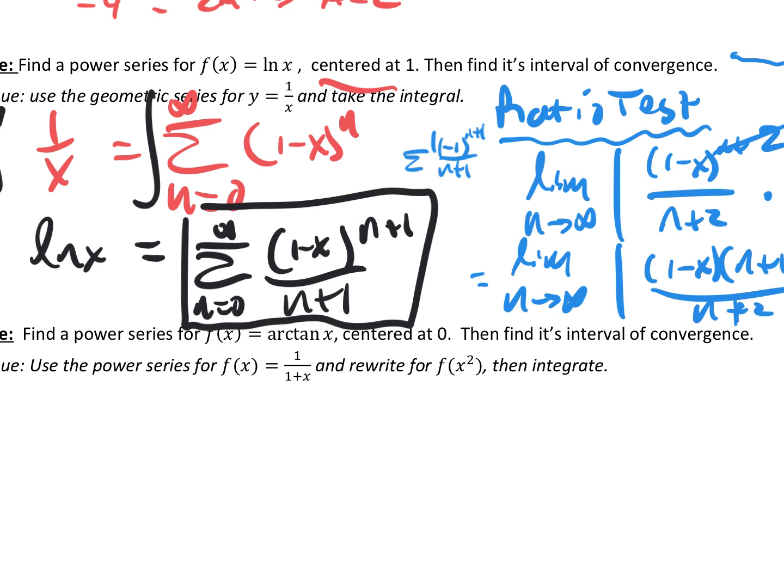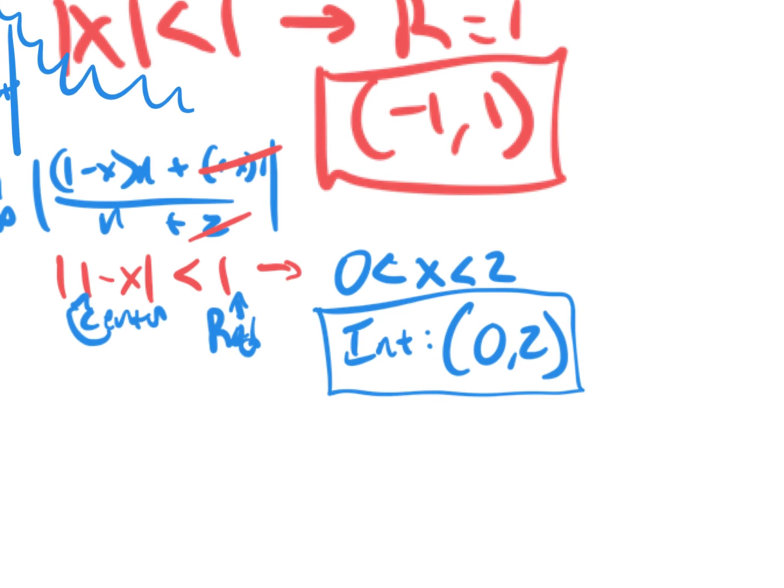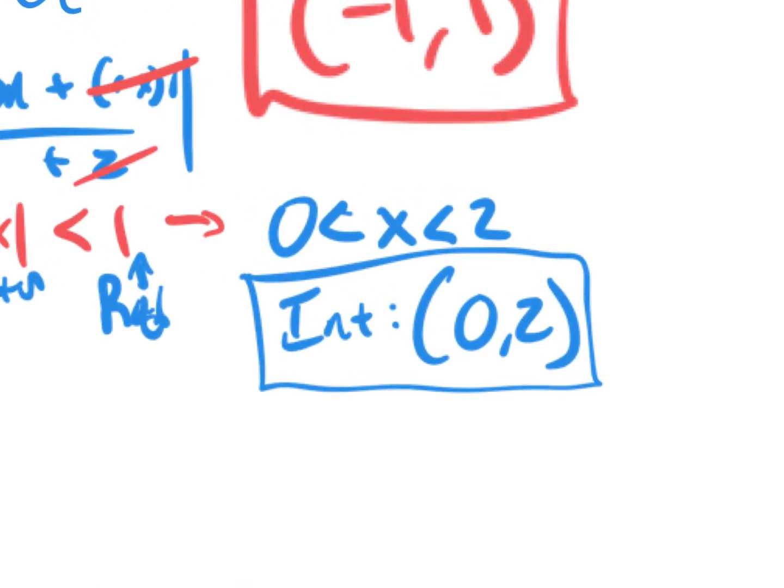So alternating series converge easier than non-alternating. All right. So 2 does converge, so we've got to come over here, and our interval is going to be including 2. Okay? All right.